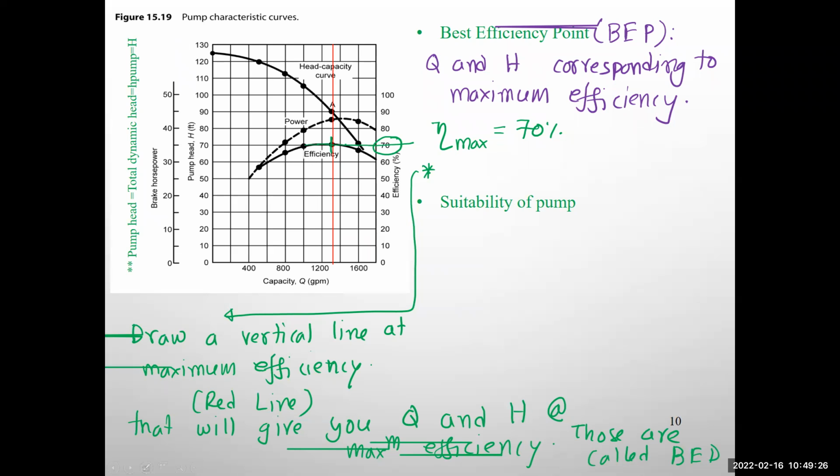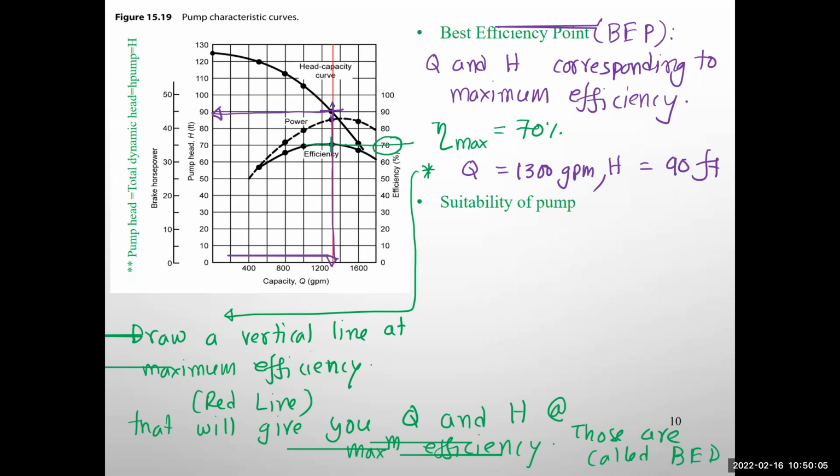Quickly, give me Q and H at maximum efficiency. This one is the H and this one is the Q, right? So this 1300 GPM and 90 feet together are called the best efficiency point. That simply tells you if your system can operate at this point, it will get the maximum efficiency.